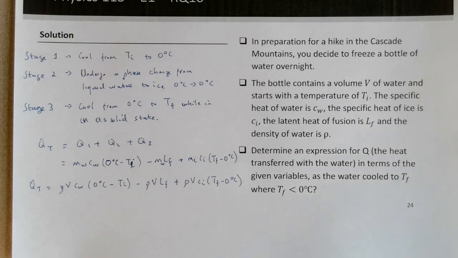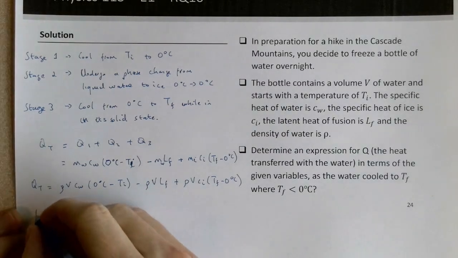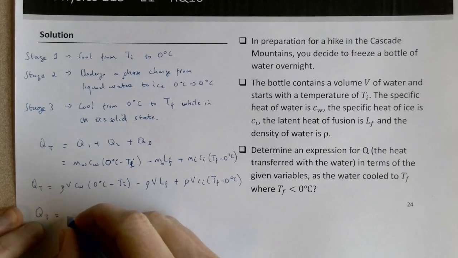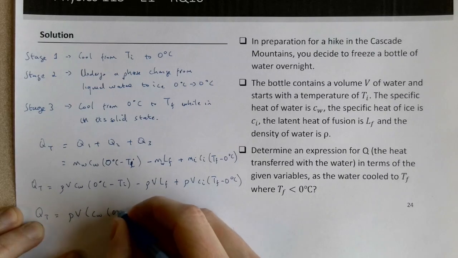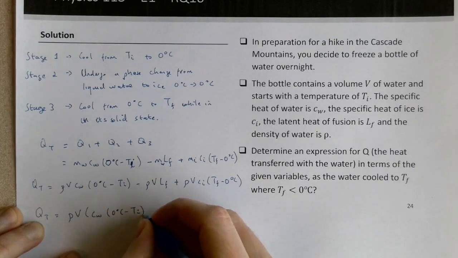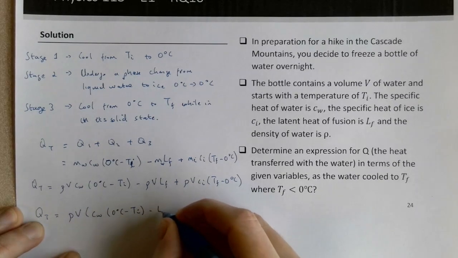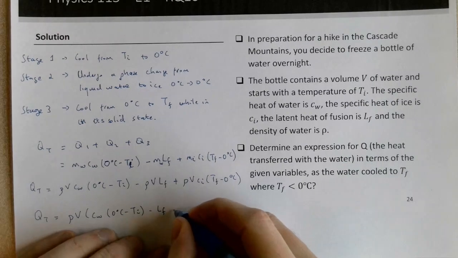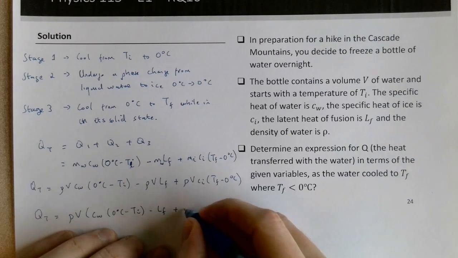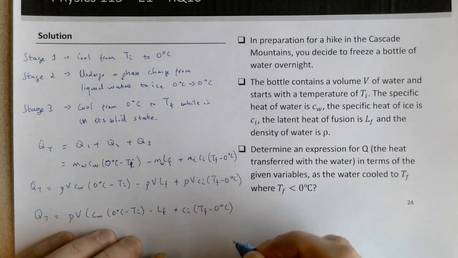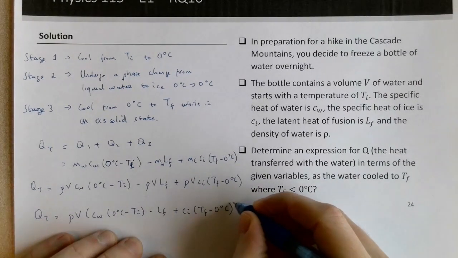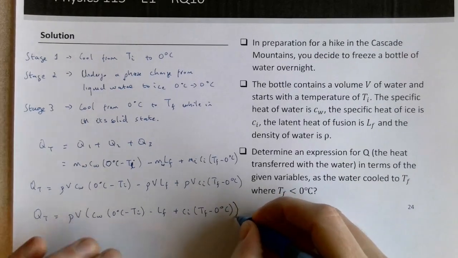That's what I'm trying to state, the mass of the water is staying constant. So I'll take out this ρ V term, and then we've got Cw times 0 degrees minus T initial, minus the latent heat of fusion, plus Ci times T final minus 0 degrees, inside a larger parenthesis.